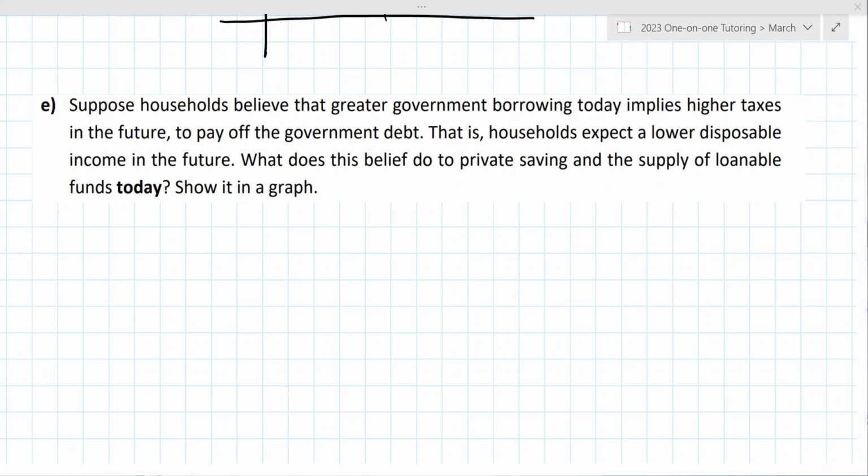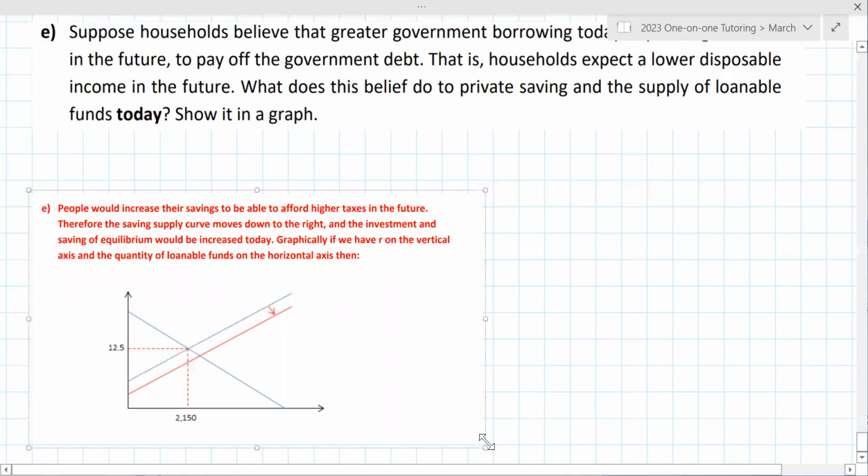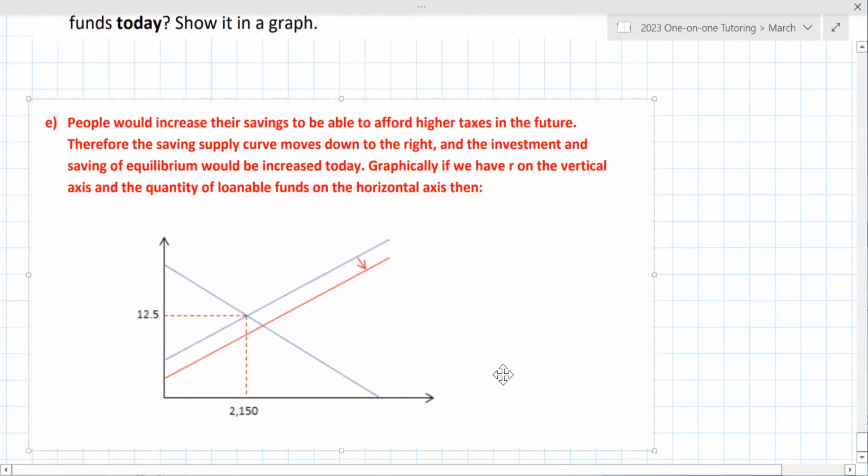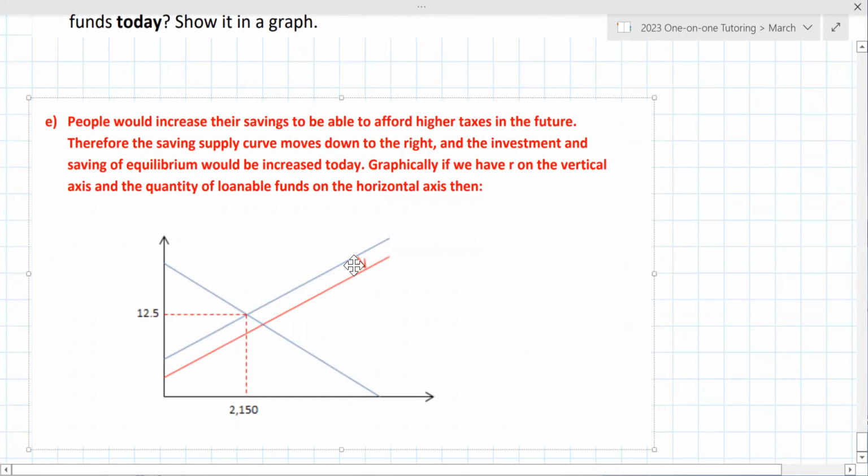Wait, would it increase with greater government borrowing today? Oh yeah, because if they're expecting higher taxes in the future, I feel like they would increase their savings now. They're showing the answer as the movement back the other direction in the savings curve. Got it. Does that mean it increases? I mean, if we flip things, then it does. Yes.